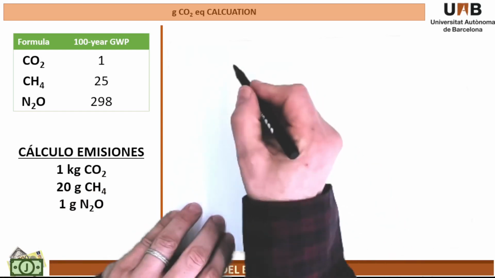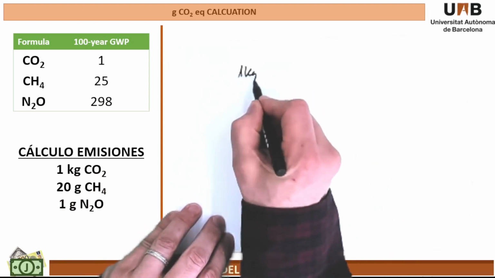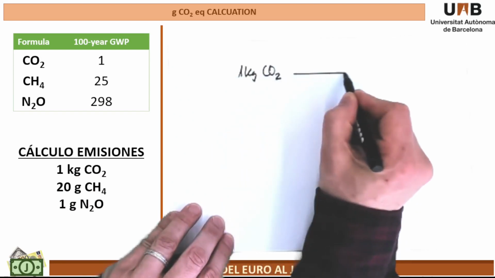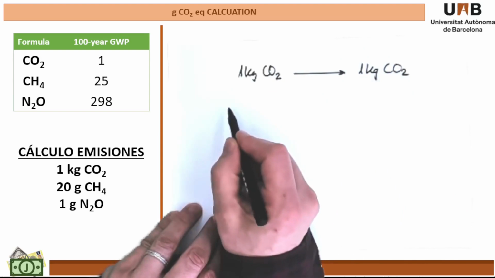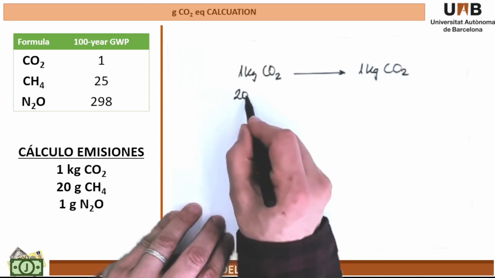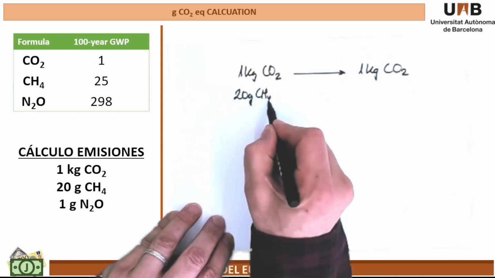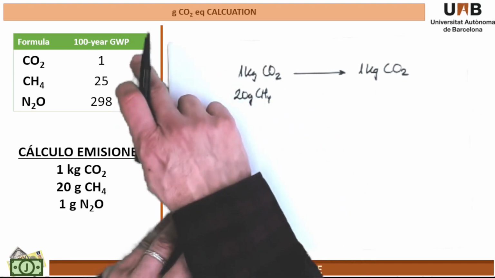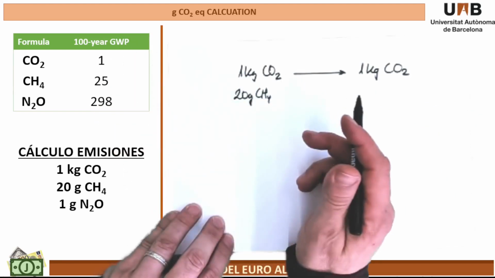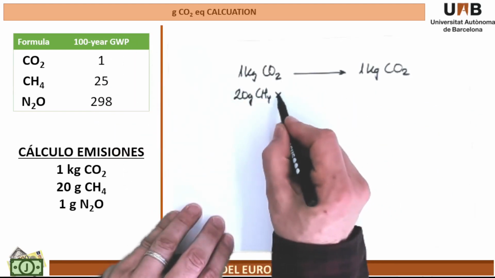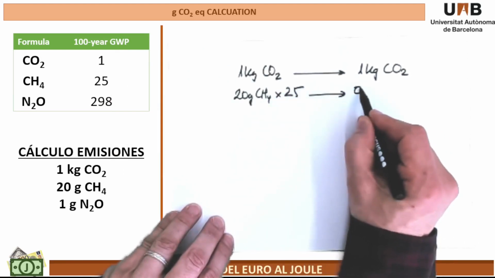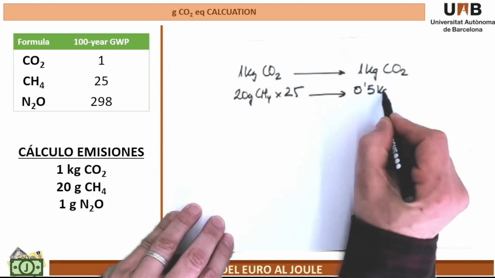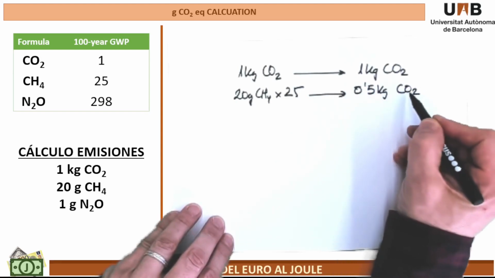Okay, 1 kilogram of CO2 is obviously 1 kilogram of CO2. But 20 grams of CH4 at 100 years, due to the power being 25 times larger, is like 0.5 kilograms of CO2.